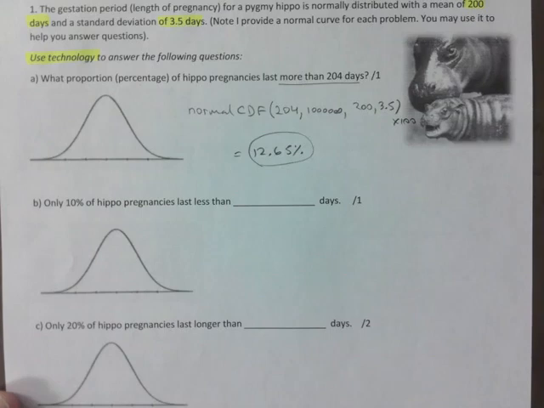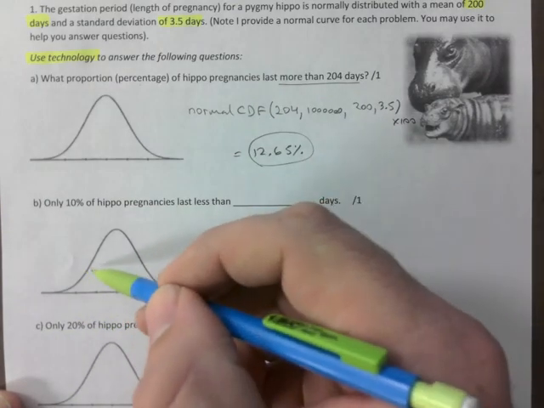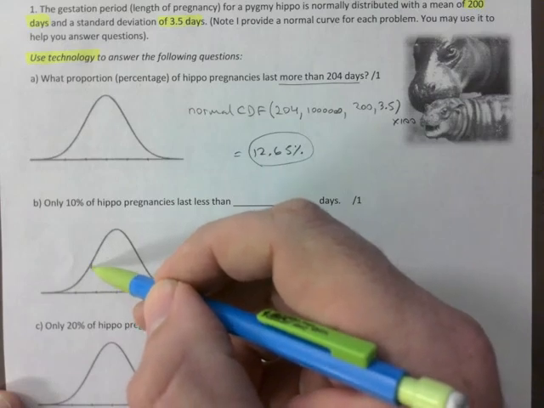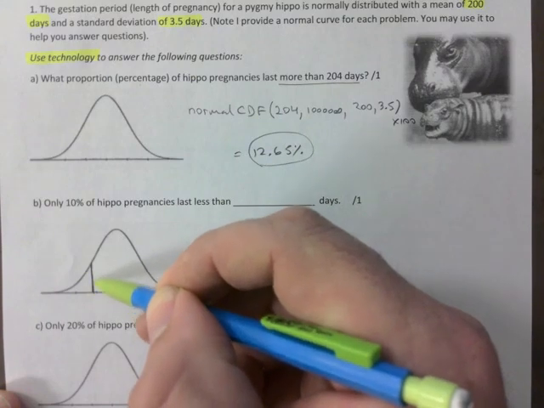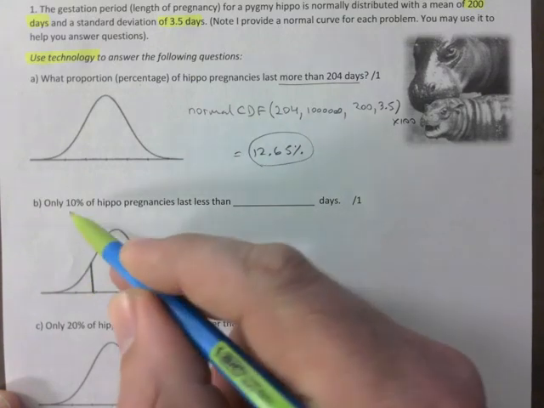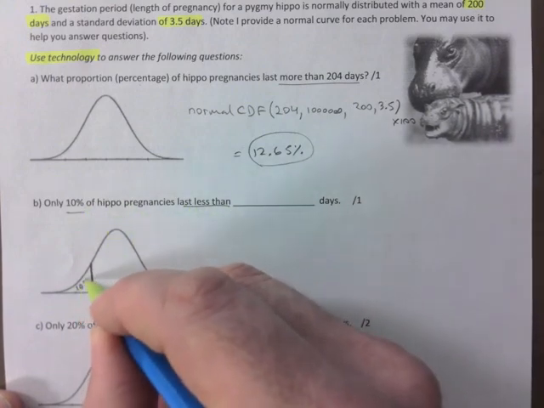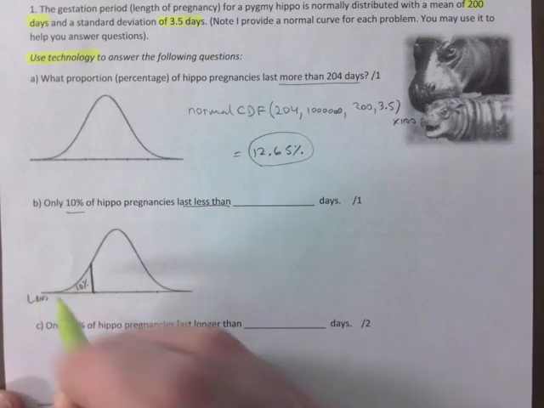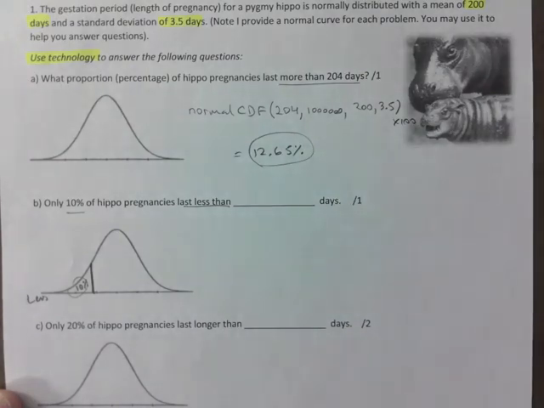Only 10% of hippo pregnancies last less than this many days. So where does the line go? I would say maybe trial and error sometimes, but I would say it's over here, because we're told that 10% lasts less than it. Less is always towards the left, so you have 10% to the left of the value you're interested in.